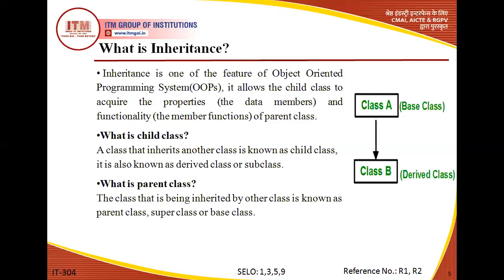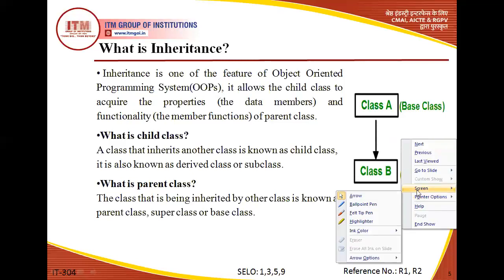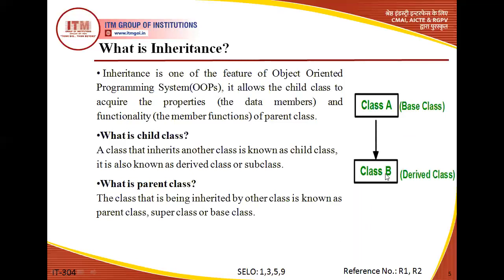If you can see this diagram, this is class B, which is inheriting the properties of class A. So it gives class B the advantage that it cannot again redefine or rebuild the same properties which it finds in its parent class.